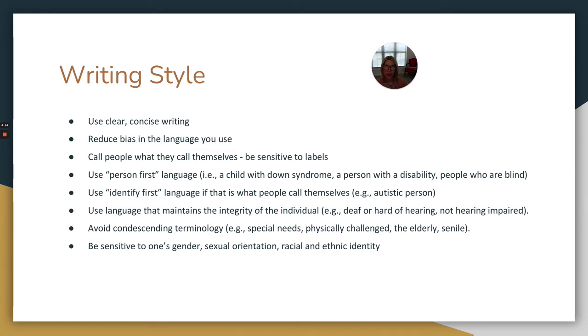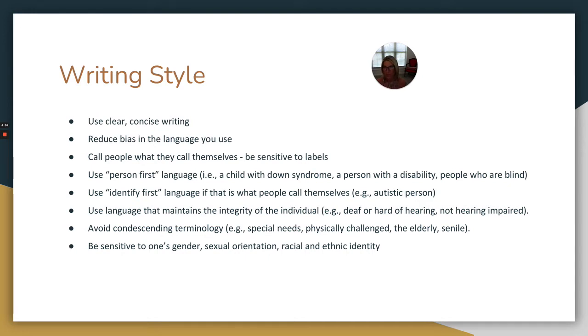You also want to use language that maintains the integrity of the individual or the group of individuals that you're describing. So use the terminology deaf or hard of hearing and not hearing impaired, being really sensitive to how those labels can impact people.